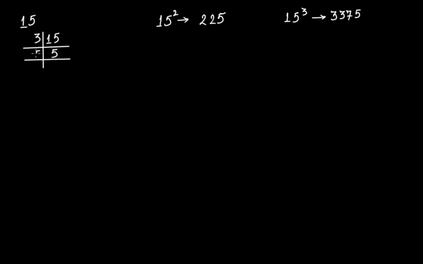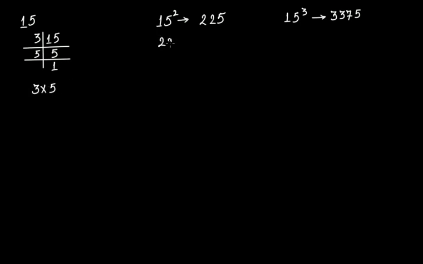One last example. So this is 15, and 15 squared, that is the square number of 15, is 225, and 15 cubed, that is the cube of 15, is 3375. Now find the prime factorization of 15. You get 3, 5, and then 1, so 3 multiplied by 5.